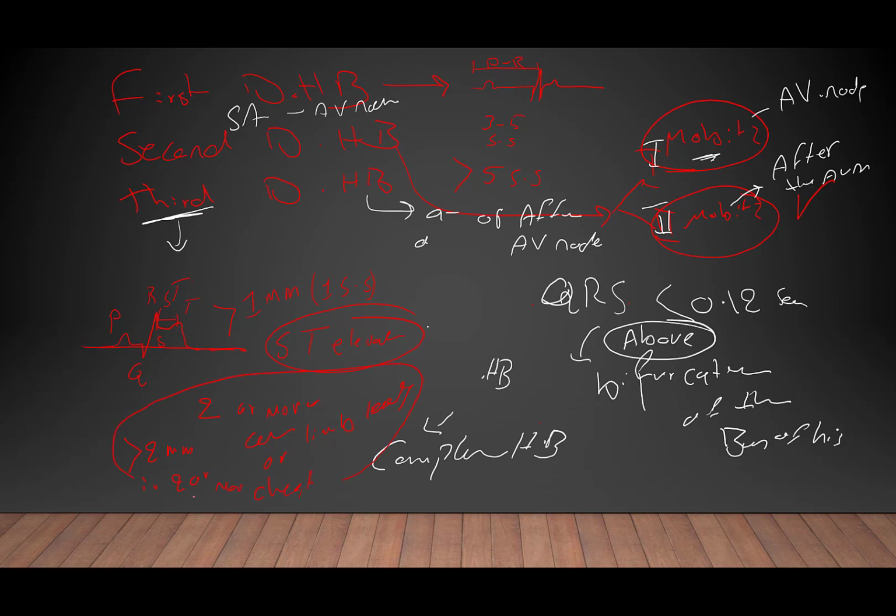It's important, you have to know. So when we say ST elevation, it means greater than 1 millimeter or greater than 1 small square in 2 or more contiguous limb leads, or more than 2 millimeter in 2 or more chest leads. It's important, you have to know.